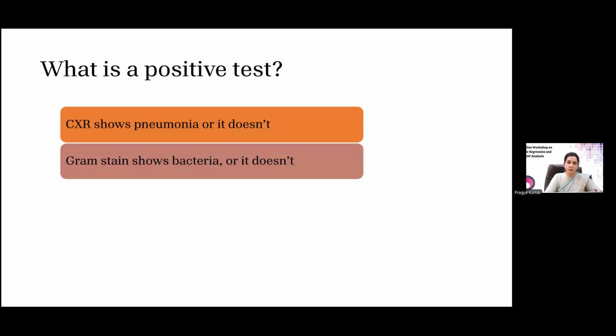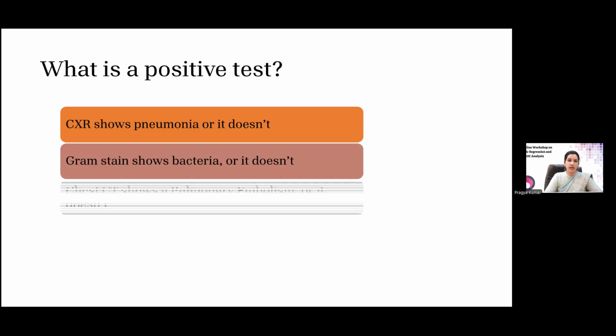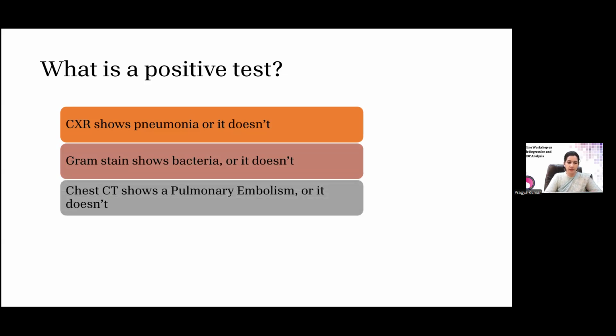Again, if you perform a gram stain, you see whether it is positively or negatively gram stained, and on that basis you can identify. Similarly, you do a chest CT or MRI for pulmonary embolism, and it can show whether it is there or not. So these are the positive tests which you can do, just by seeing it qualitatively.